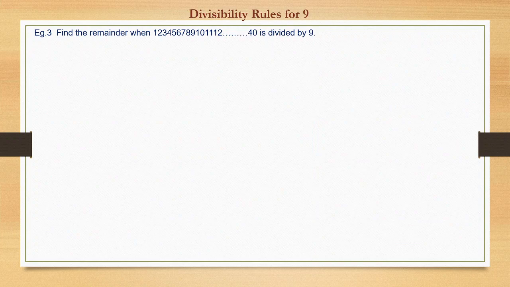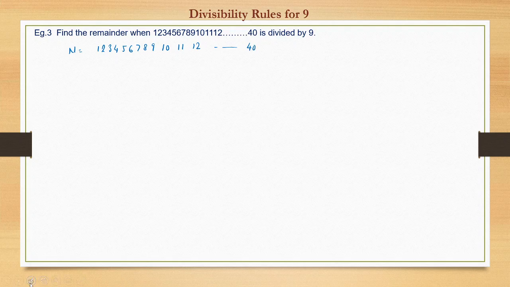So now, using that, I saw this example. Here n is 1, 2, 3, 4, 5, 6, 7, 8, 9, and then 10, 11, 12, and so on till 40. I have to check whether this is divisible by 9 or not.